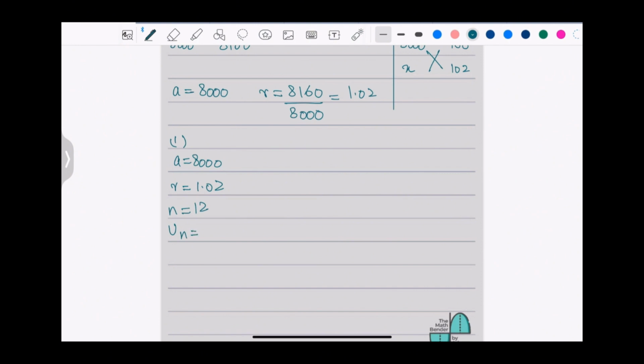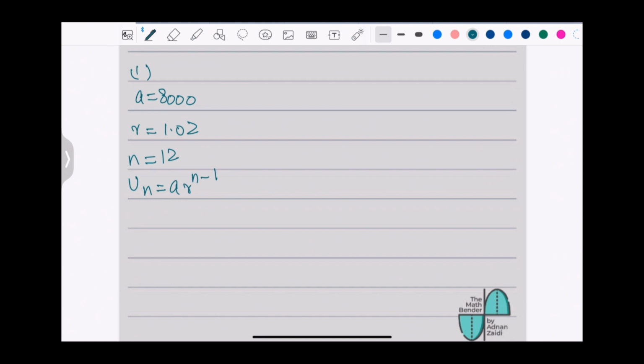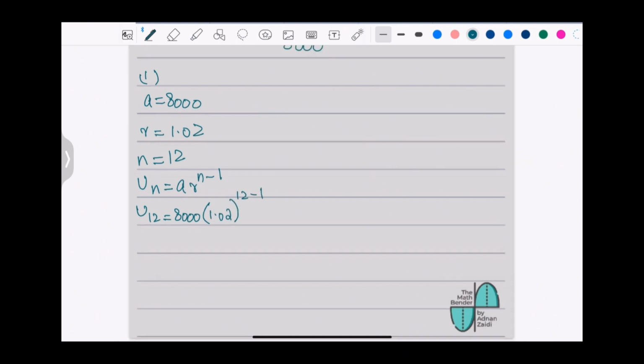It did not ask you for the sum of total salt received during all these weeks until the 12th week. So u of n is A r to the power n minus 1. We already talked about it in our previous lecture. So u of 12 is going to be 8,000 times 1.02 to the power, instead of n, I'll use 12 minus 1, which is 11.